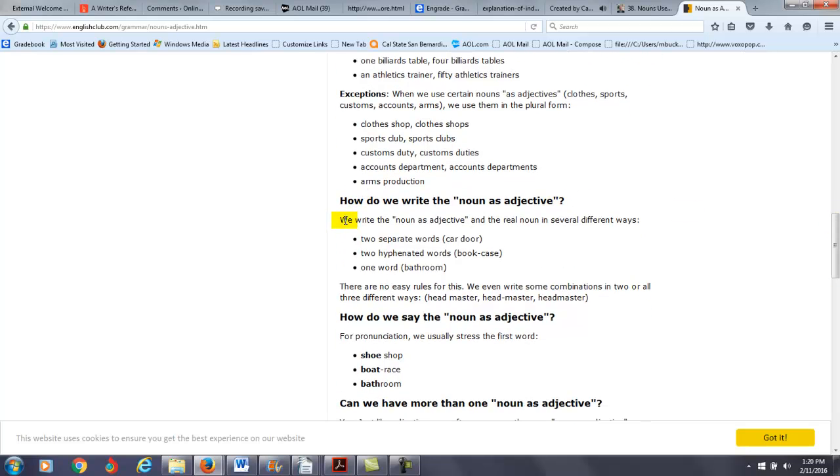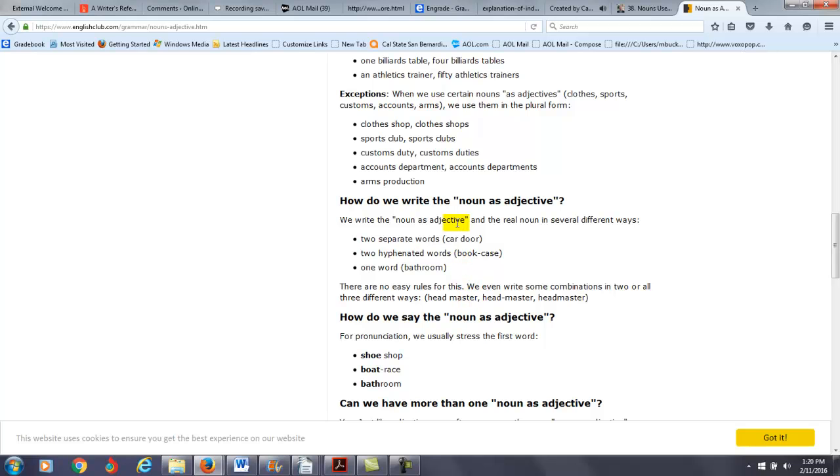Now it says, how do we write the noun as an adjective? We write the noun as adjective and the real noun in several different ways. You can have them as two separate words like car door. Sometimes you can have hyphenated words, and in some cases one word, like bookcase or bathroom. It says there are no easy rules for this. We even write some combinations in two or all three different ways.